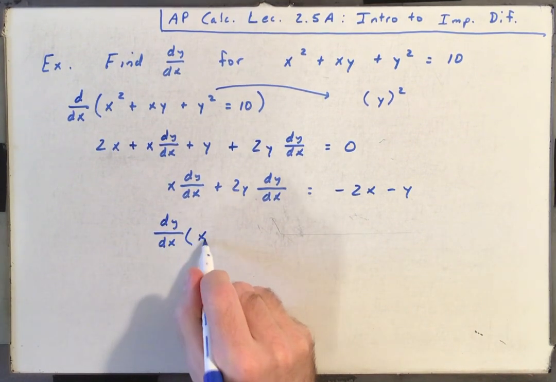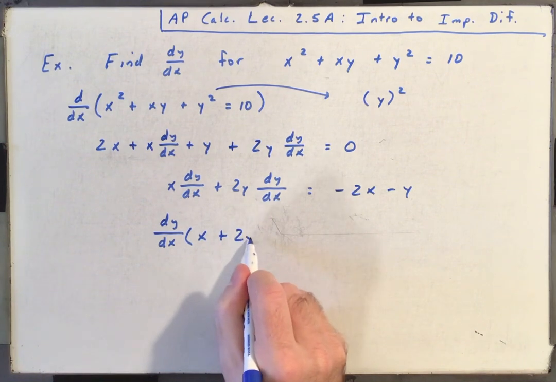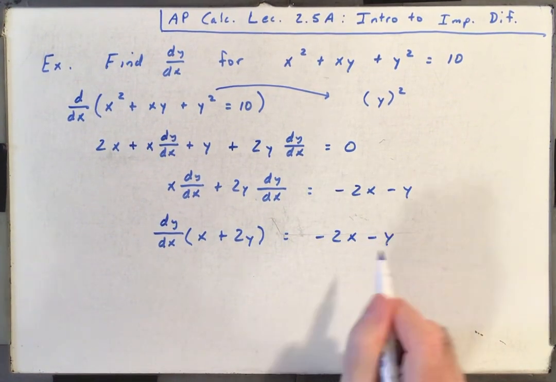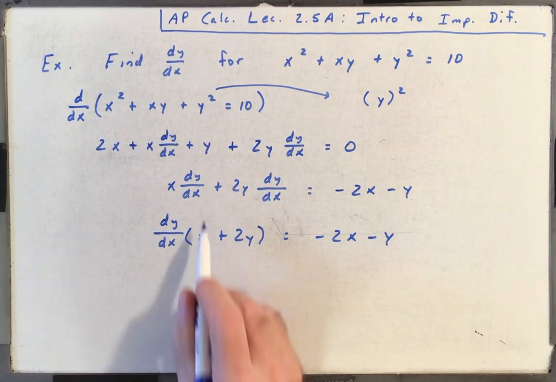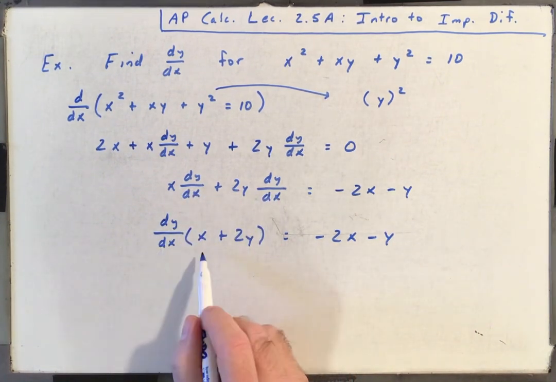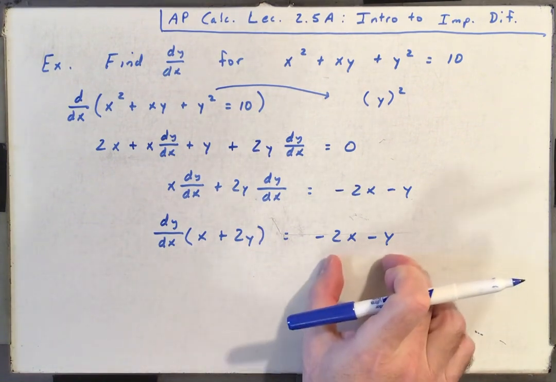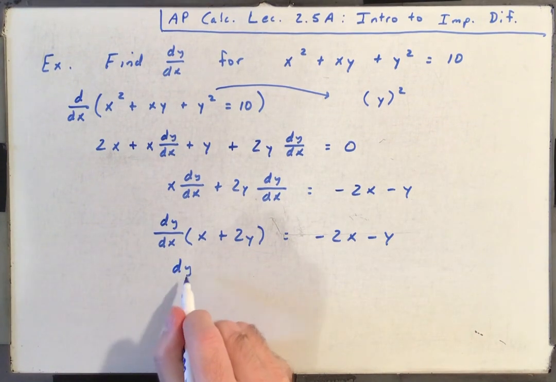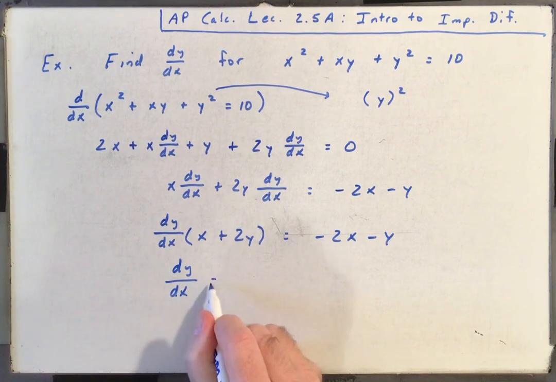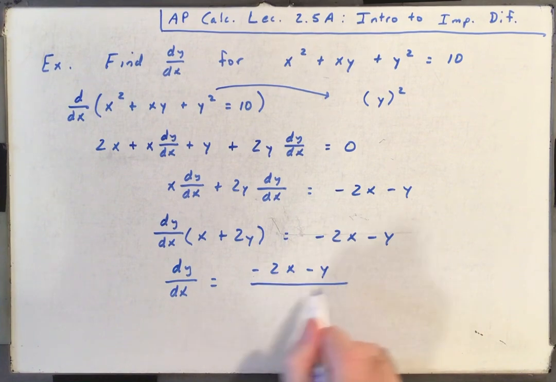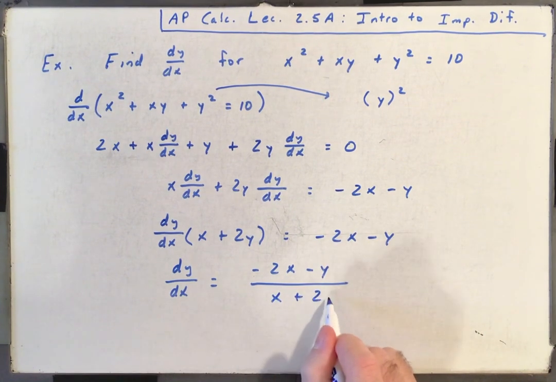If we do that, what we have left is x plus 2y. Right? Distribute that dy dx, and you come up with this. So we factored it so that we could now pull that x plus 2y underneath, solving for dy dx. So I've got negative 2x minus y over x plus 2y.